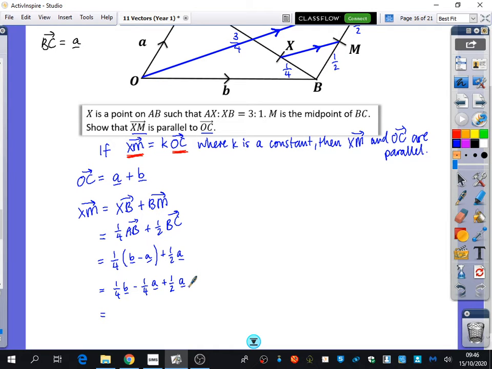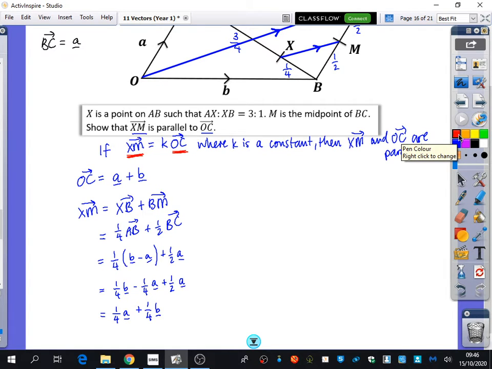A half minus a quarter is a quarter. So I have a quarter A plus a quarter B. So I've now achieved the two things that I wanted to find.